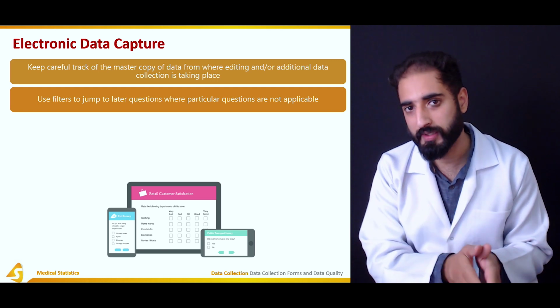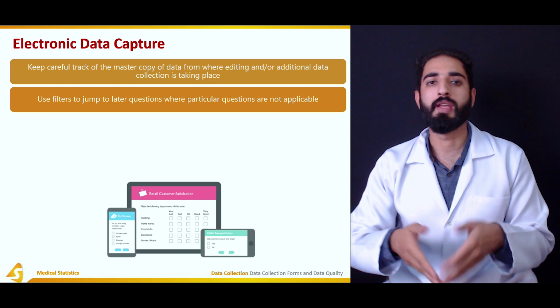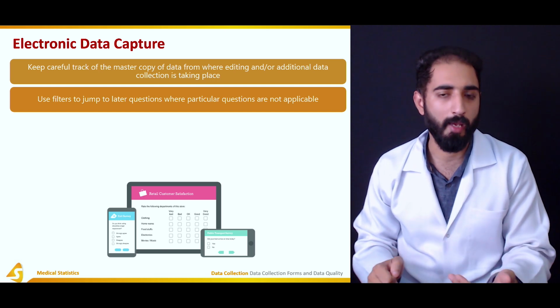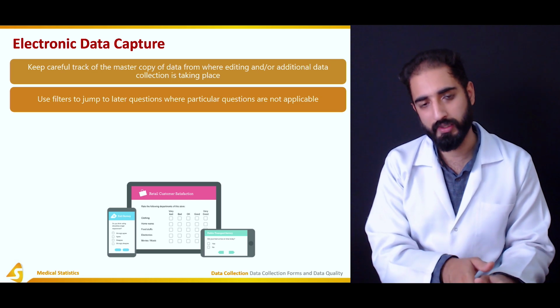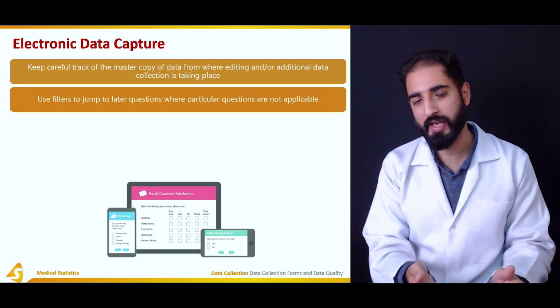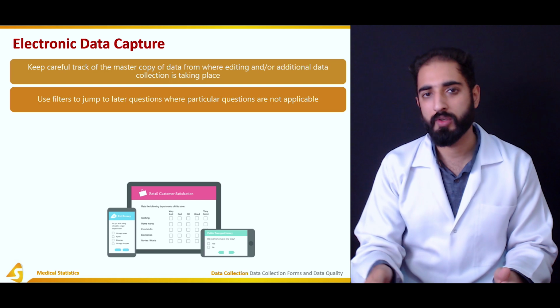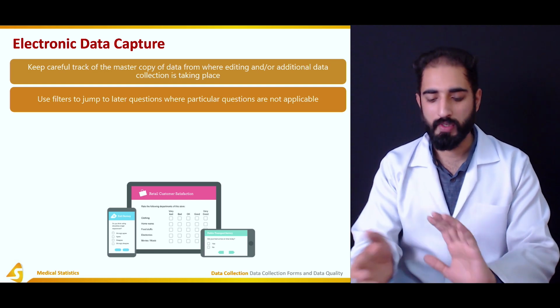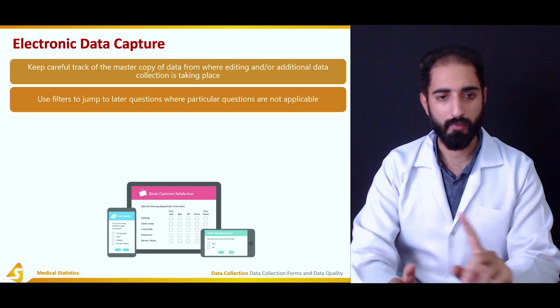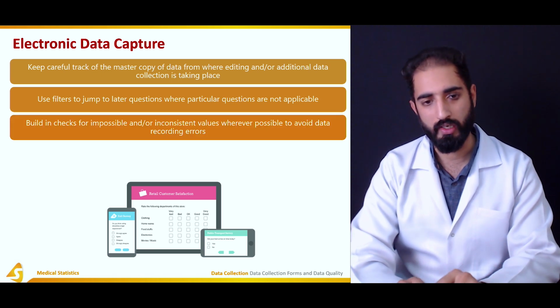If the person said no, then he should not be asked that question. That question should be skipped. So you should code your question in such a way that if the person is not required to answer that series of questions, it should be skipped based on the previous response. That is something that should be dealt with when making electronic questionnaires.